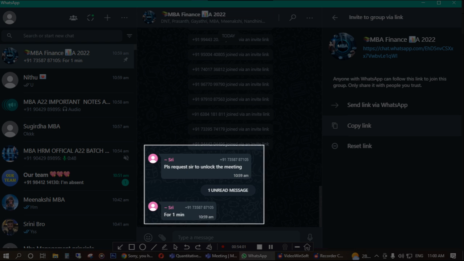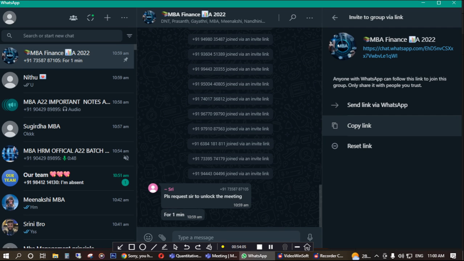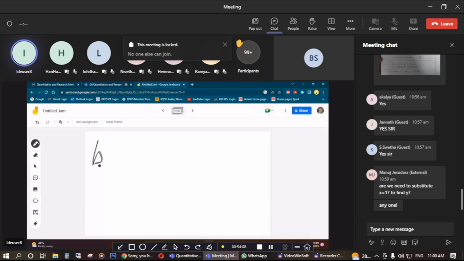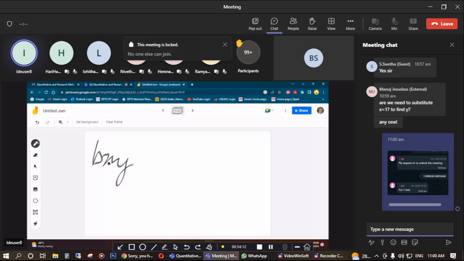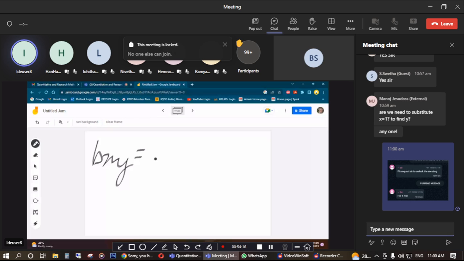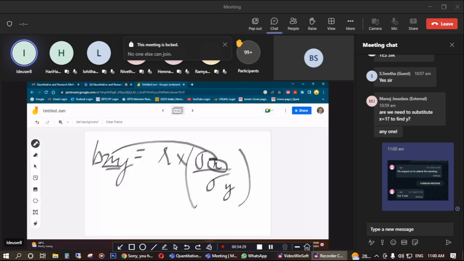So these have formulas. You know what bxy is: it is the regression coefficient of x on y. What is the formula for that? r into sigma x by sigma y. How do you remember this? r comes first, then x, so sigma x comes here, and y, so sigma y comes here.